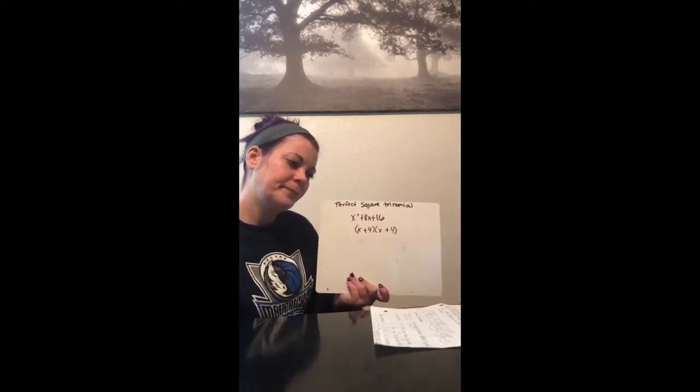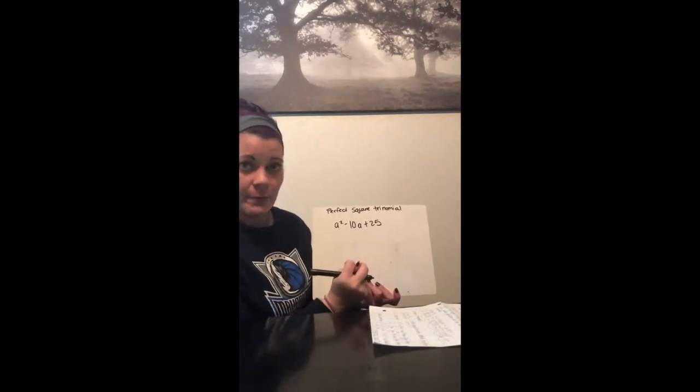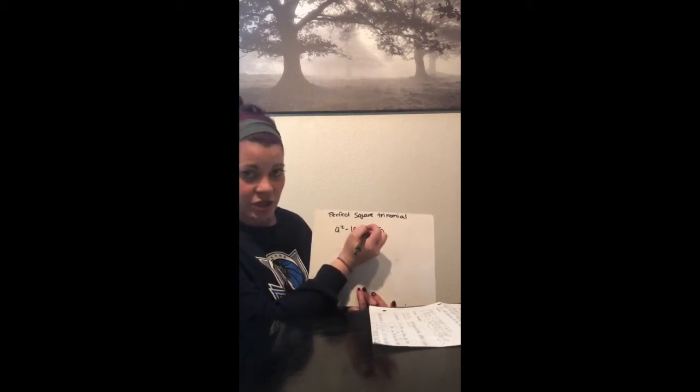Okay? So another example, perfect square: a squared minus 10a plus 25. So here we have perfect squares because a squared and 25 are perfect squares, and this is addition.